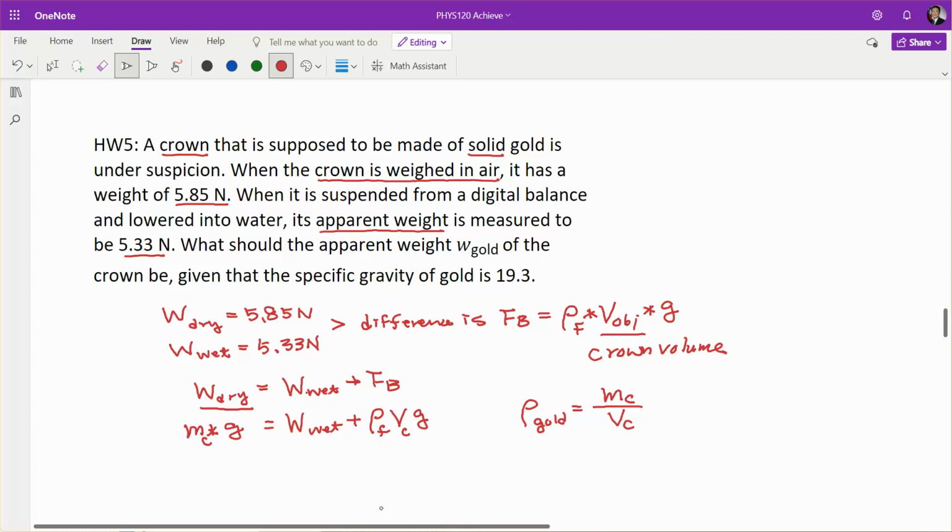When you divide these two, you get the rho of the gold, which we can represent in terms of V sub crown as the mass of C divided by rho of the gold.